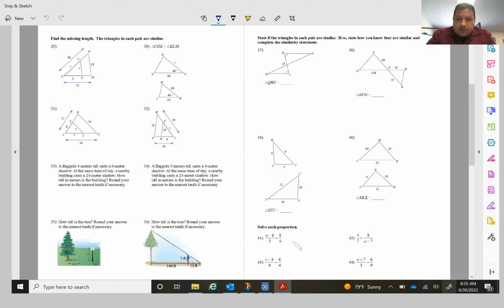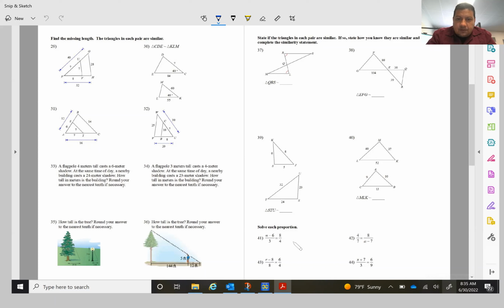At the same time, a nearby building casts a 23-meter shadow. So there's a building, I'm going to call x the height because I don't know it, and the shadow is 23. I'm going to close those two so it makes a triangle. How tall in meters is the building? Round your answer to the nearest tenth if necessary.